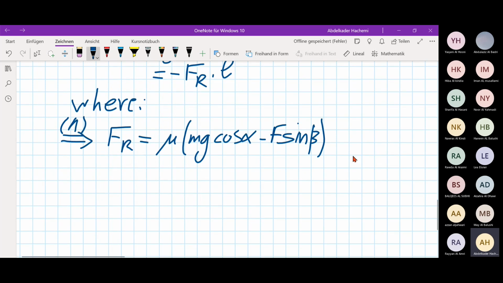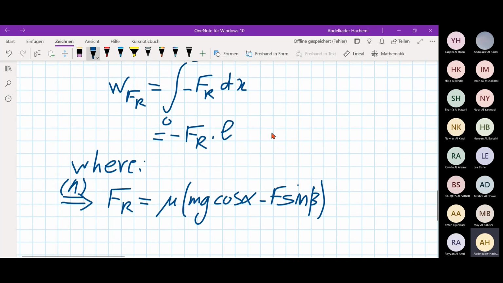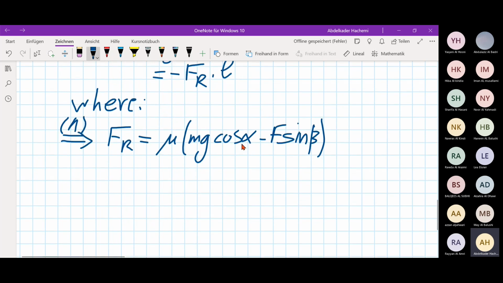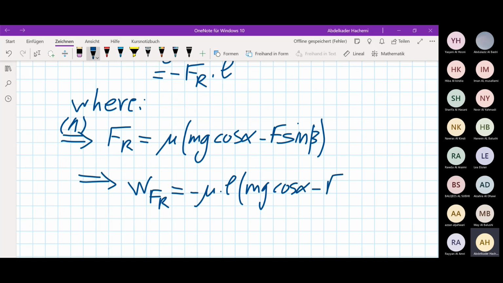And now if we replace it here, we will get W, the work due to frictional force, is only minus mu multiplied by L multiplied by mg cosine alpha minus F sine beta.